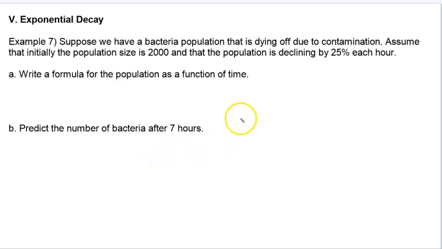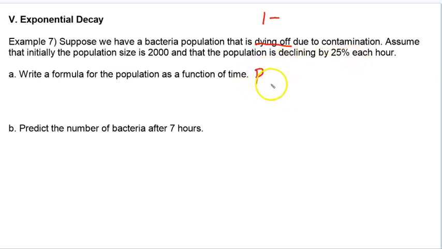Okay, decay works very similarly. We talked about this earlier, except to get B, we're going to start with 1 and then subtract a percentage rate of decay. So we have a bacteria population that is dying off. That's what decay means, due to contamination. We started off with 2,000 and the population is declining by 75%.